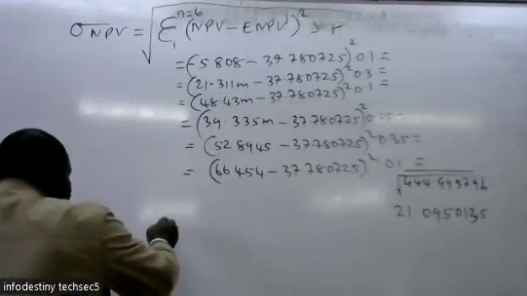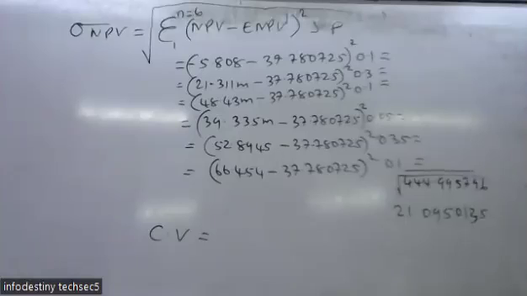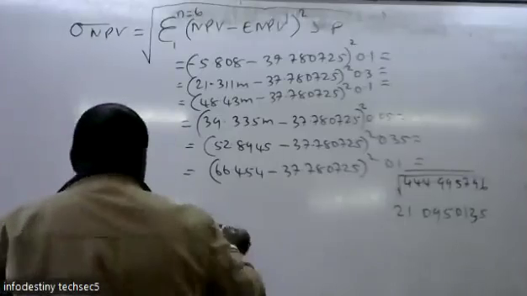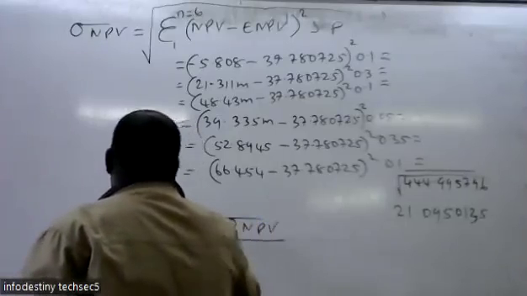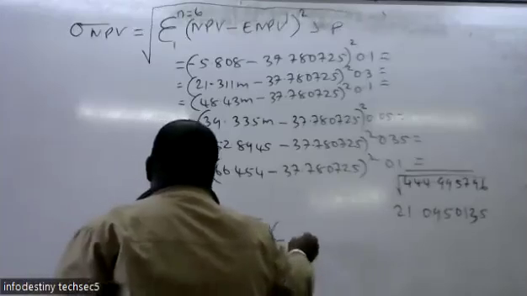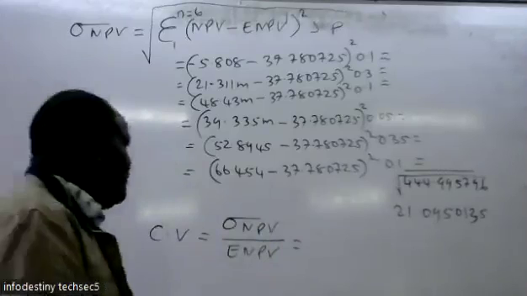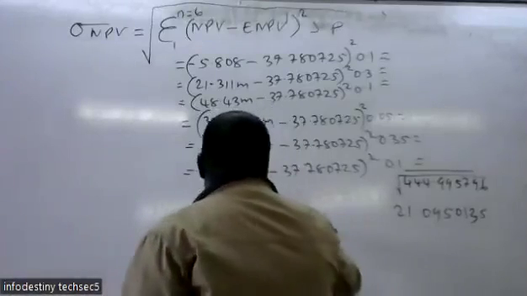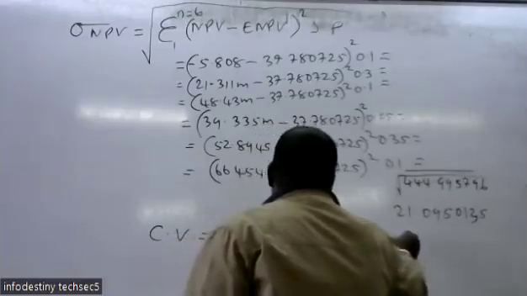So to compute the coefficient of variation, you simply take the standard deviation of the NPV divided by the expected NPV, just in case the question asks. So coefficient of variation, standard deviation for the NPV was 21.0950135.